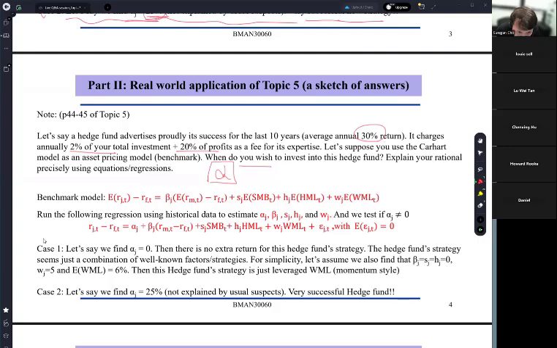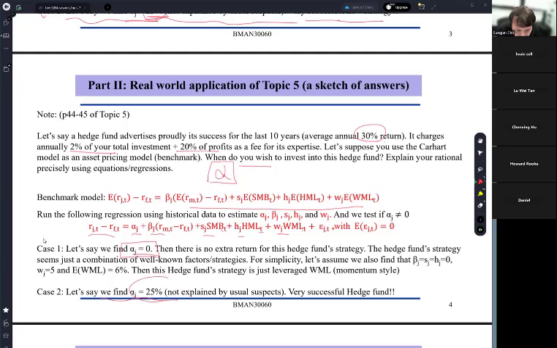So in the lecture slide, we talk about this one. Somehow you use the CART model as a benchmark model. Then how do we know whether this hedge fund strategy generates alpha in terms of the CART model? We run the regression just like before, and we estimate alpha, beta, S, H, W. And two cases: if alpha is equal to 0, that means this hedge fund is generating profit by just combining well-known factors.